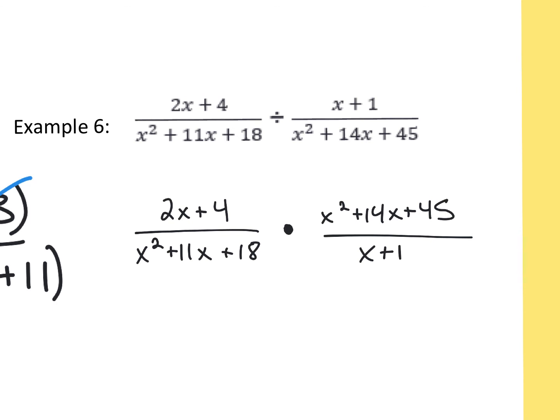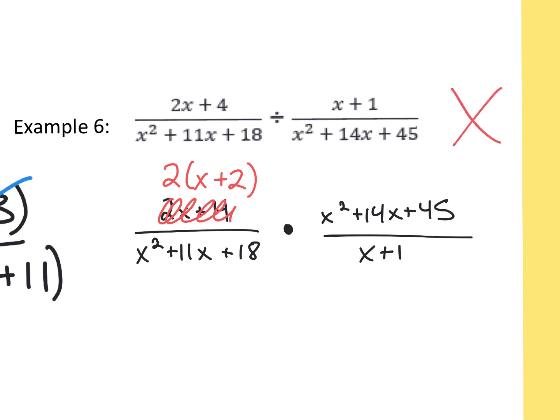Perfect. We start. What's the first numerator that you see? 2x plus 4. What can you do with it? Take out a 2. It becomes 2 times x plus 2. Good. Second numerator. What can that do?